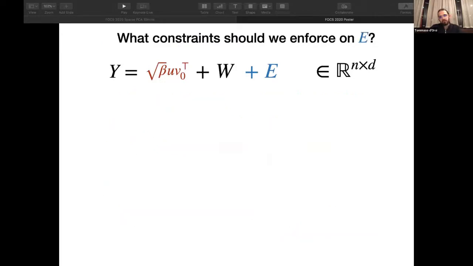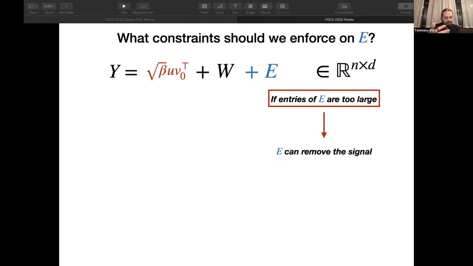Usually we think of adversarial perturbations as introducing some kind of outliers. Here we use a different definition in which E can be a dense matrix, but entries have to be bounded. This bound has to be chosen carefully. If the entries are too large, then trivially we could remove the signal, and the problem is not interesting.